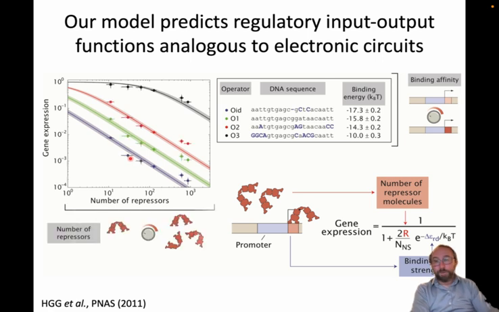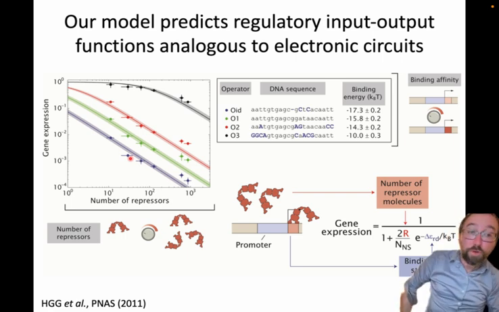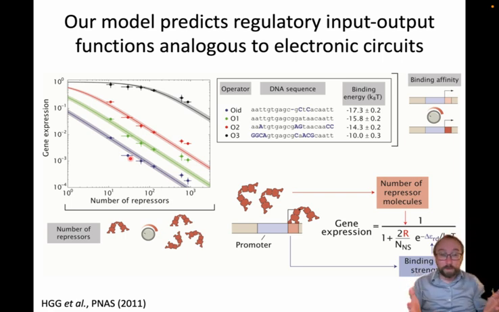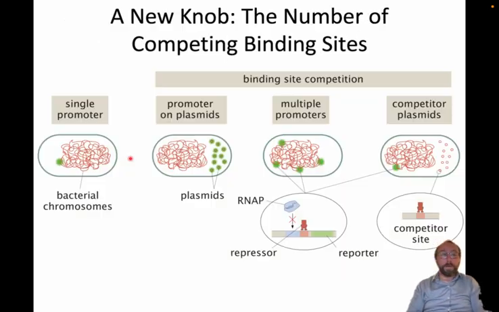We did that over almost two orders of magnitude, and what we showed is that, to a large extent, we can precisely predict output levels of gene expression from knowledge of the DNA sequence and the concentration of the repressor. Just like you can predict the output current of an electronic circuit as a function of the input voltage from knowledge of the circuit diagram.